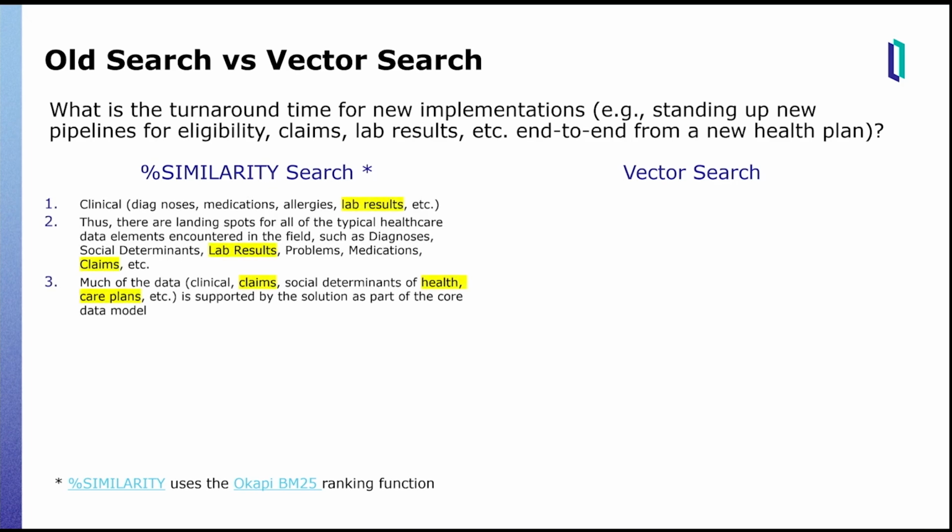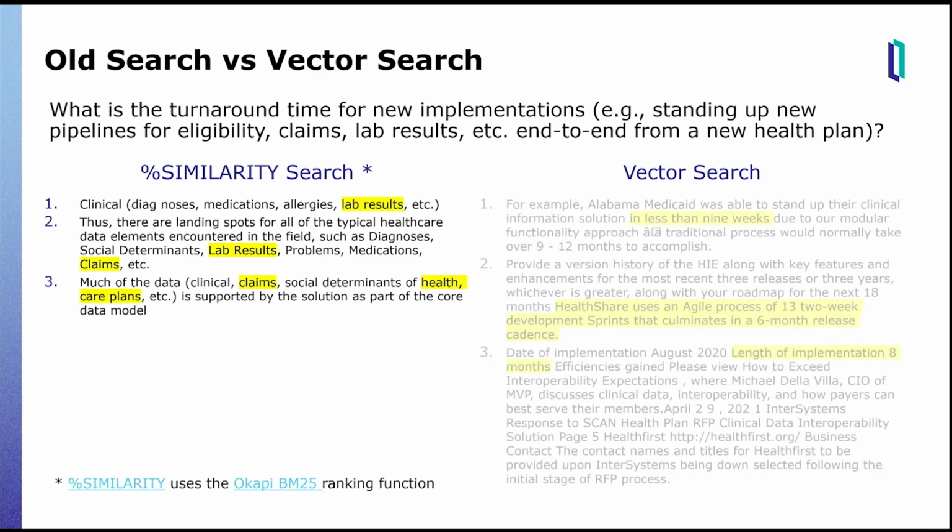As you can see from the search results here, %similarity search is great at keyword matching. It found results that included keywords from the query like lab results, claims, healthcare plans. But if you read through these results, you can see that they don't actually answer the question that was asked. So if it finds the wrong keywords, it might miss the mark and not answer the question.